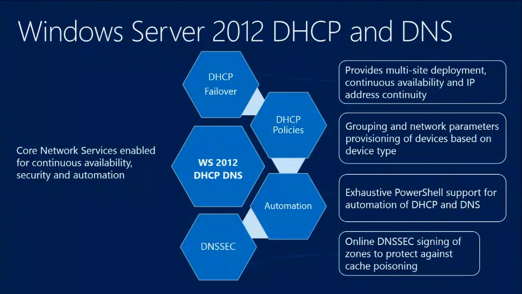That's an area on the DNS side that we invested significantly in. We provided online signing of a zone. So while a server is up and a zone is operational, you can go and DNSSEC sign that zone. DNSSEC is a big protocol in terms of there are several specifications to DNSSEC, and we have implemented most of those specifications. We also provided the UI through DNS MMC, as well as PowerShell cmdlets for setting up DNSSEC.